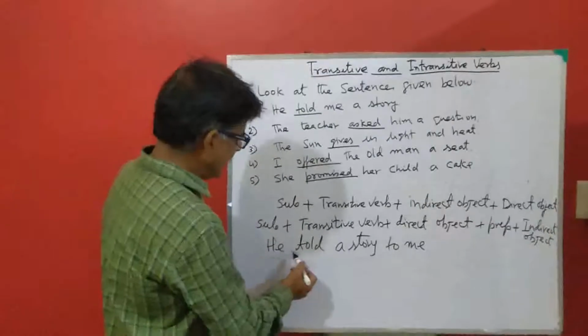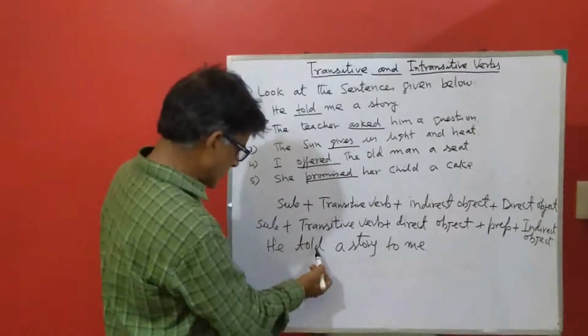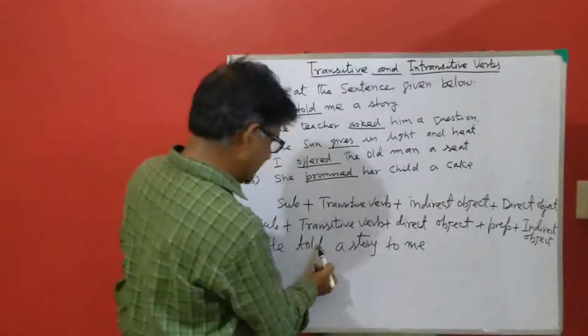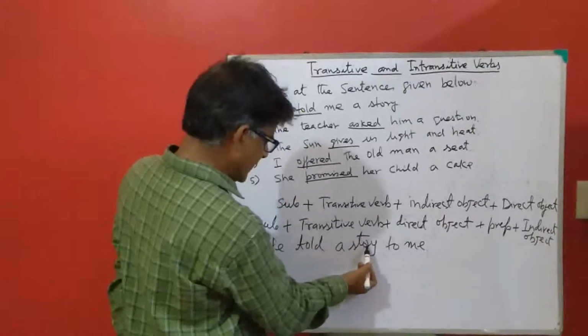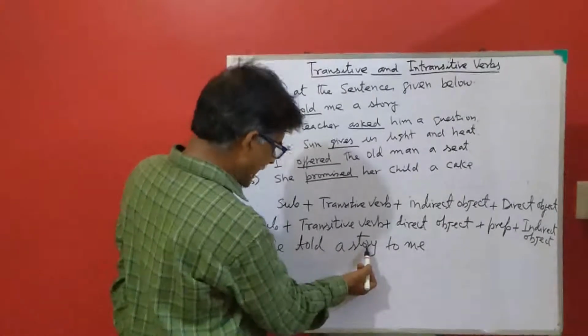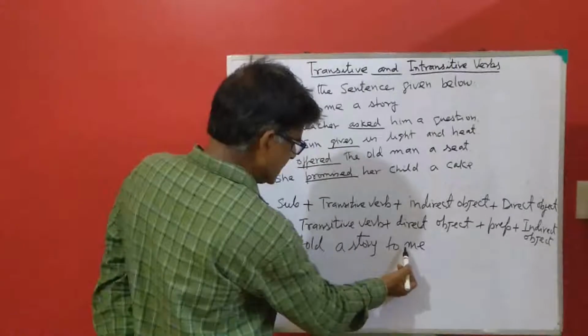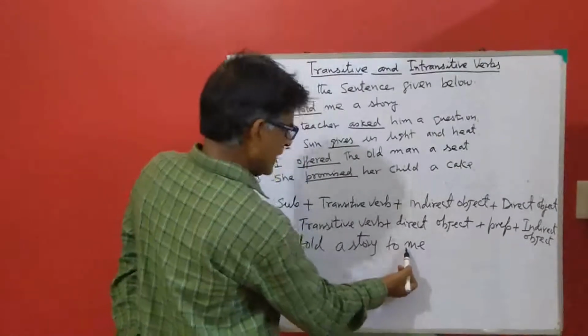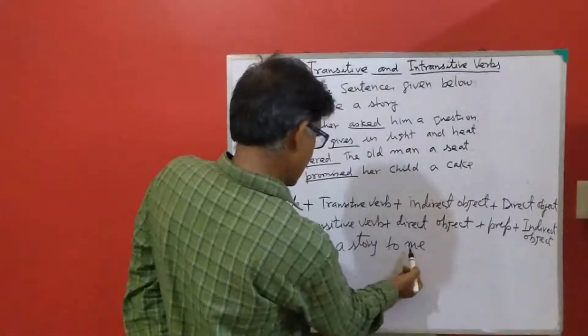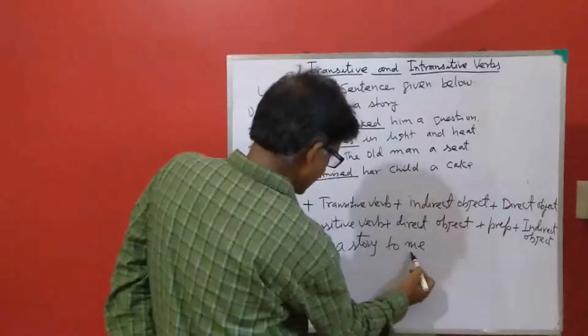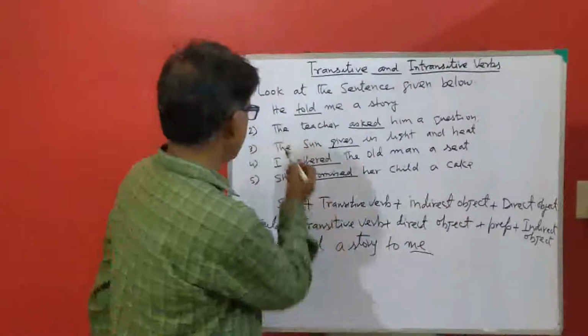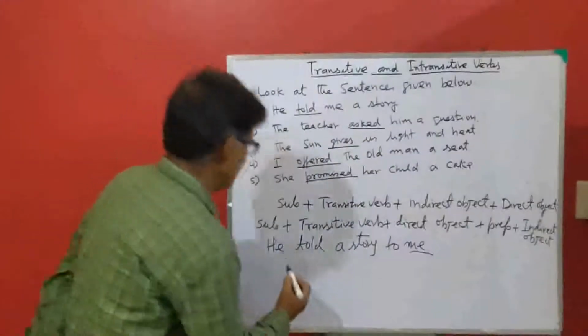Now here he is subject, told transitive verb, a story direct object, to preposition, and me indirect object. Similarly, the teacher asked him a question.